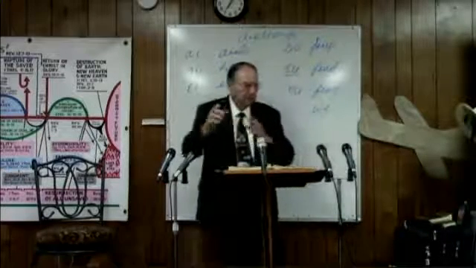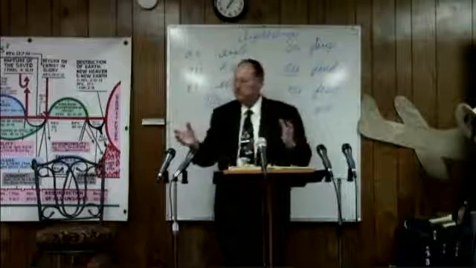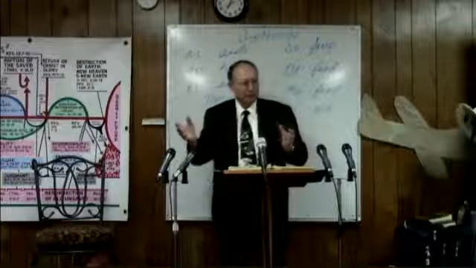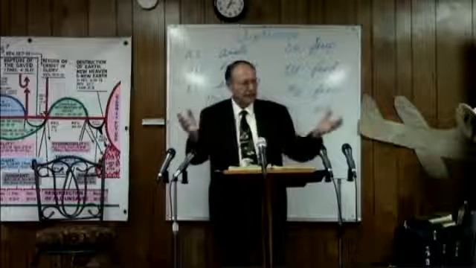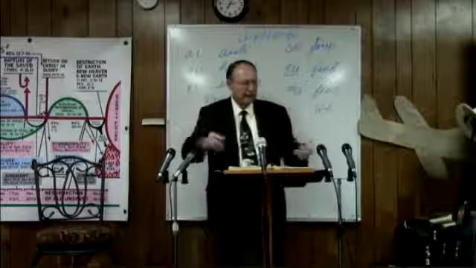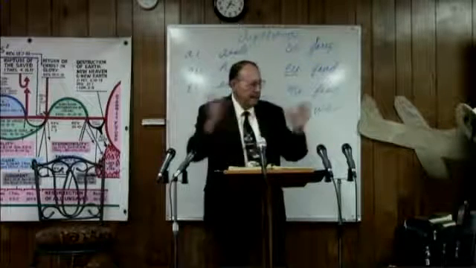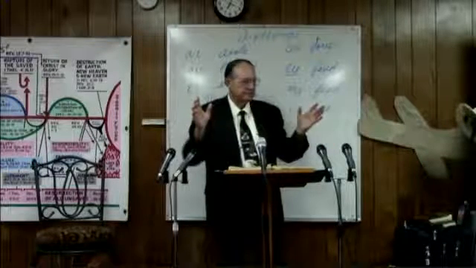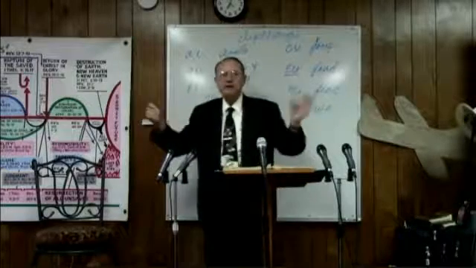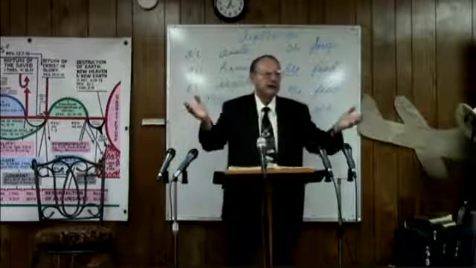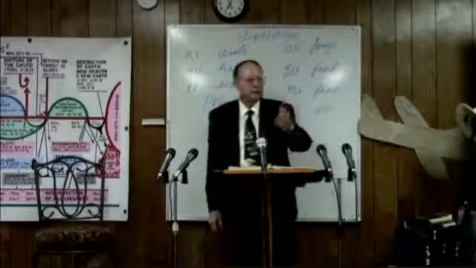He provided water and drink for them. He turned water into wine. He did all kinds of things. He fed 5,000, and many, many people, 15,000, 20,000 people out of nothing.